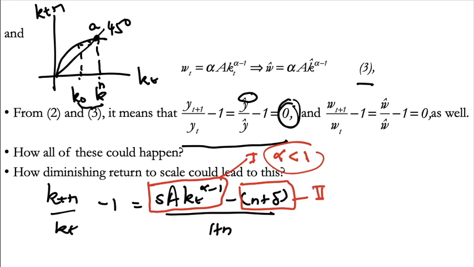As a result of diminishing returns, it is impossible for the stock of capital per person to grow at positive rates forever. So you can see from the graph here, it grows like this, but then the growth decreases until you reach the steady state where the growth becomes zero.